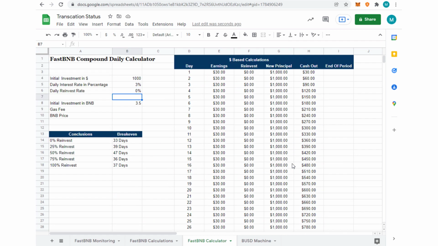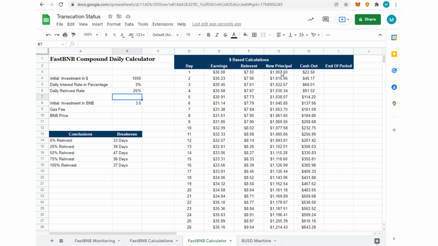But now let's assume this. Let's assume every day I invest only 25% of the money I gain, right? And the rest of it I take out. So if I invest only 25% of that, so I had $30, invest 7.5, and I cash out $22.50. So my new investment would not be $1,000. I'm opening a new contract for $750 for another 90 days, right? So that would be the amount.